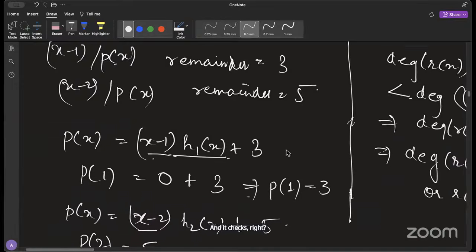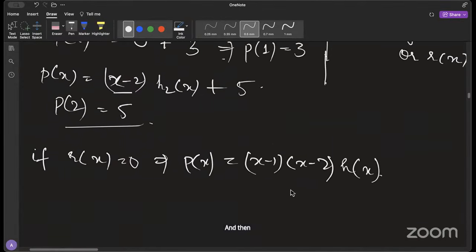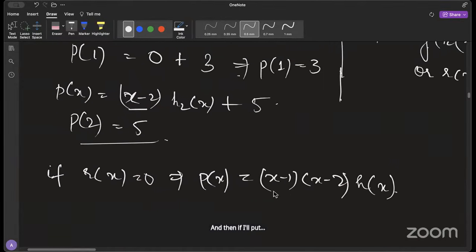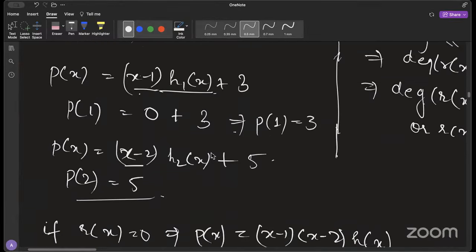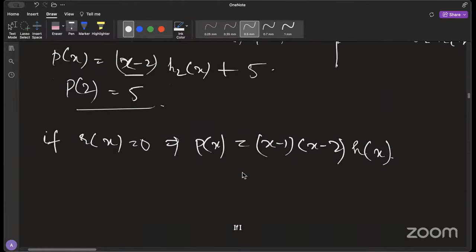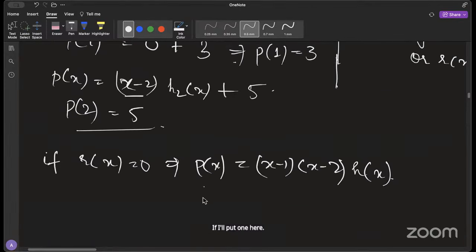If the remainder is 0, and then if I put 1 here, I'll get p(1) equals 0, right?